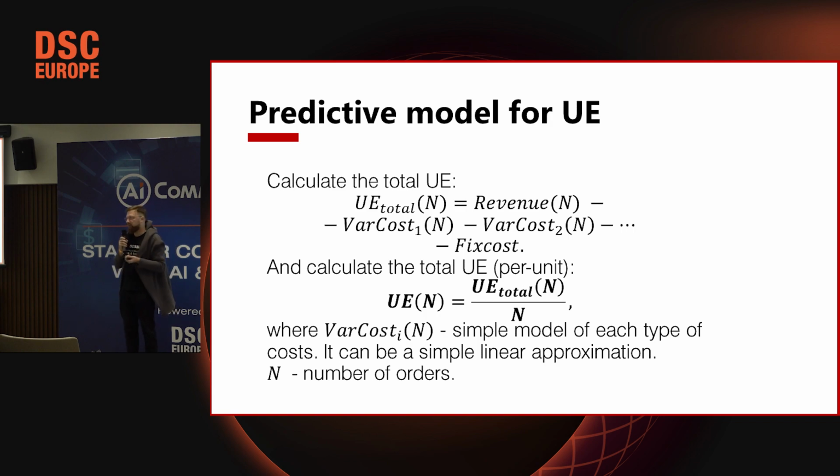If a variable cost is constant, multiply it by n. If it's not a linear model, you can use a logarithmic approximation. It's just a simple approximation without any hard ML tools. And in the end, you add fixed cost, and when you get your total unit economics depending on n, you can just divide by n, and in the end you get a simple prediction model for using in an A/B test.